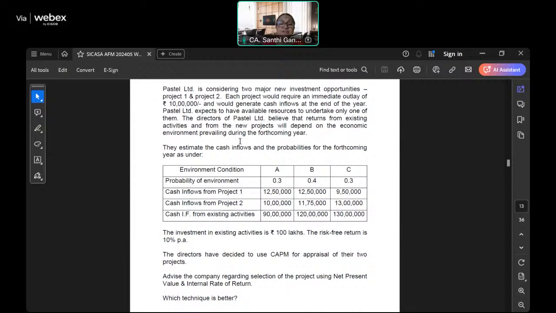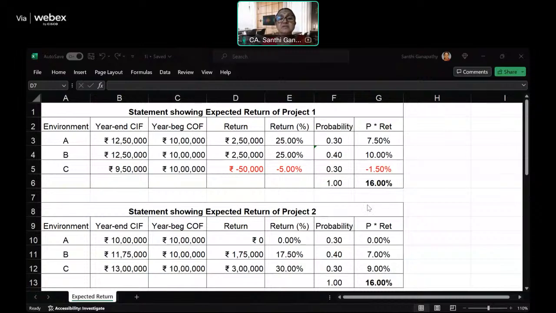So first of all, we need to find the return. How do we find the return? Now, return here has only one of the components, namely capital appreciation. There is no income part.